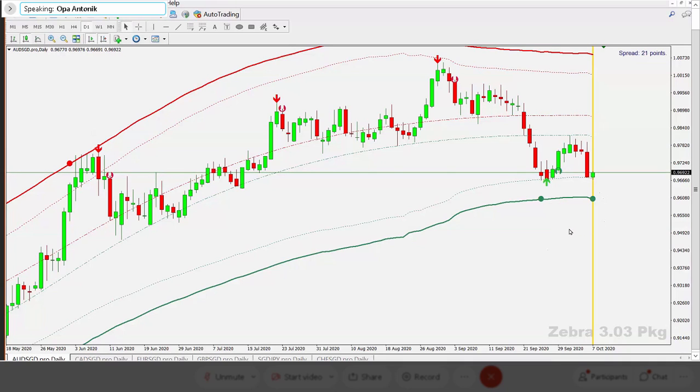Could you please post your email in the chat to request the indicators? Do these indicators work with MT5 as well? The indicators are made for MT4. I don't think they work for MT5.